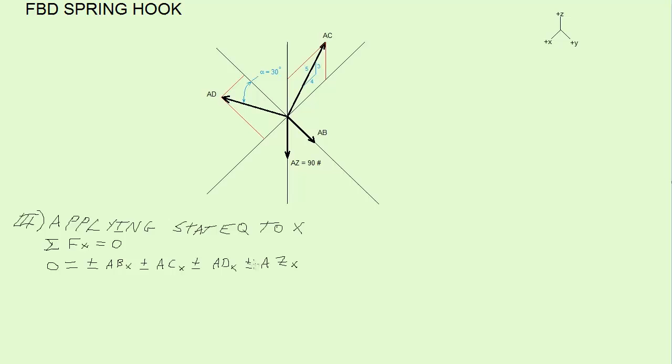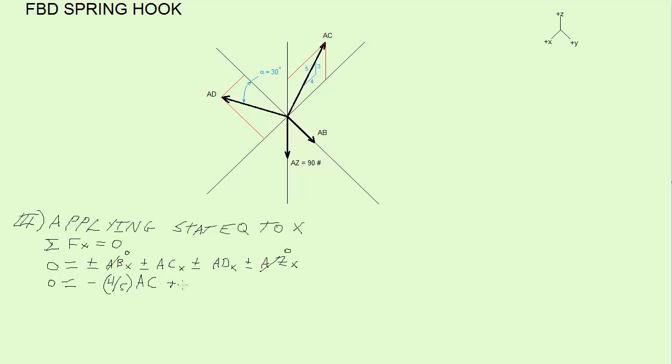Now at this point in time, I'm going to look and see if any of those have a 0 x vector, and AB has a 0 x component, and AZ has a 0 x component. So now our next statement. AC's x component is a negative 4/5 AC.